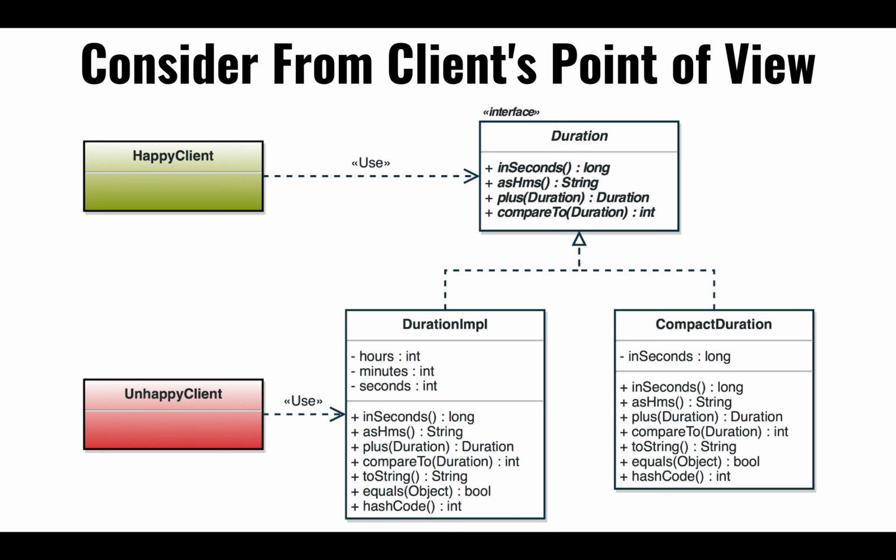So let's talk about some of the considerations of how we would implement some of this. One of the things that we're going to point out all throughout the lecture is that we're going to see some code duplicity. When we're implementing this new compact duration, we'll see that some of the code, not all of it, but some of the code, will be very, very similar across these two.